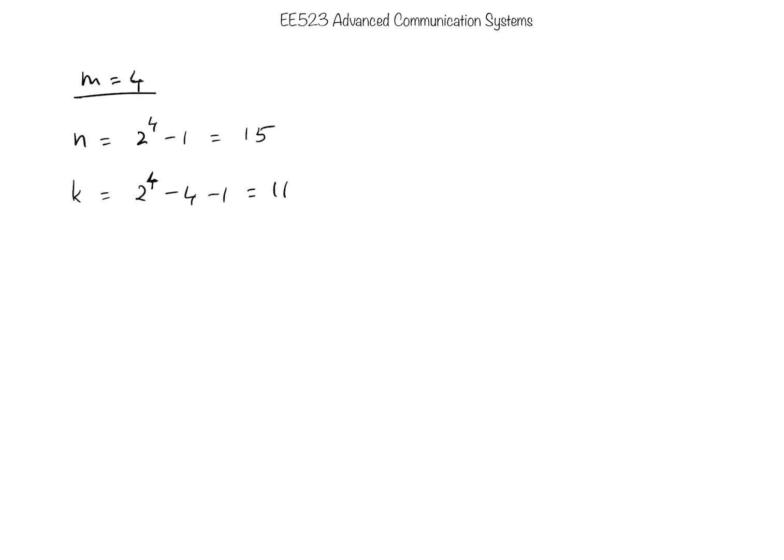So we get the n k code as a 15 11 code. So the code rate is equal to 11 by 15. And how much is 11 by 15 in terms of the coding efficiency?